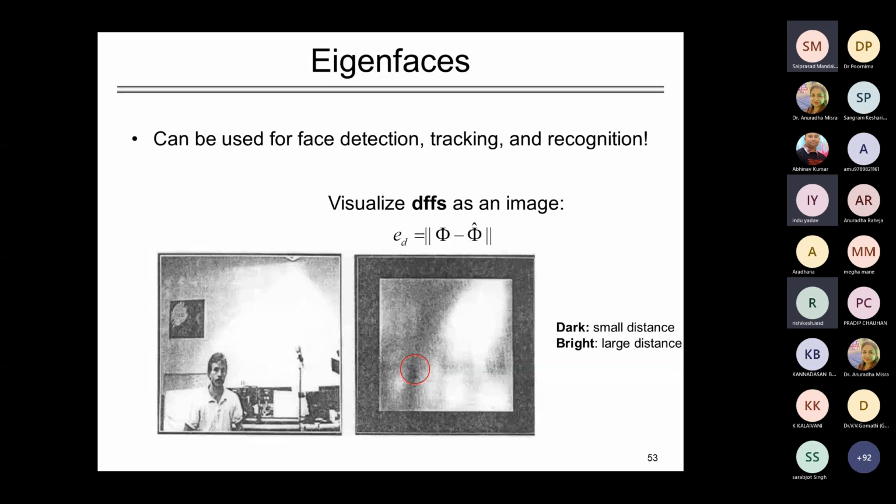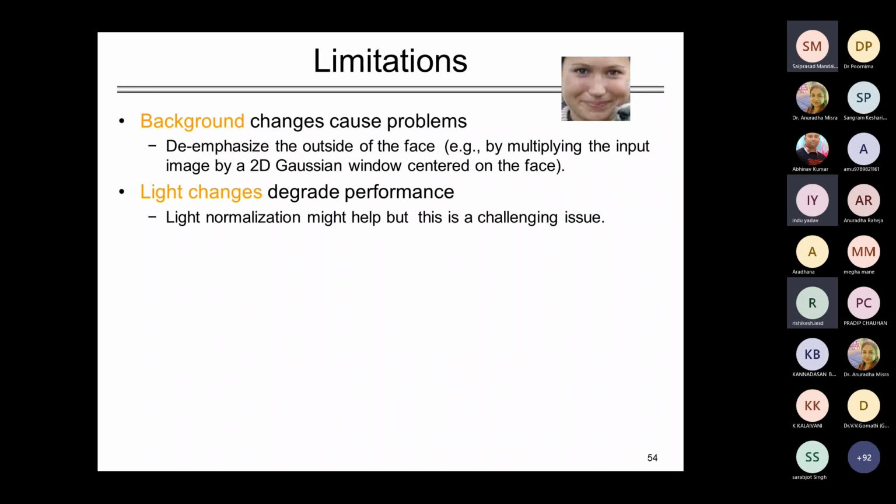It can be used for face detection, tracking, and recognition. Limitations: background changes cause problems. De-emphasize the outside of the face by multiplying the input image by a 2D Gaussian window centered on the face. Light changes degrade performance. Light normalization might help, but this is a challenging issue.